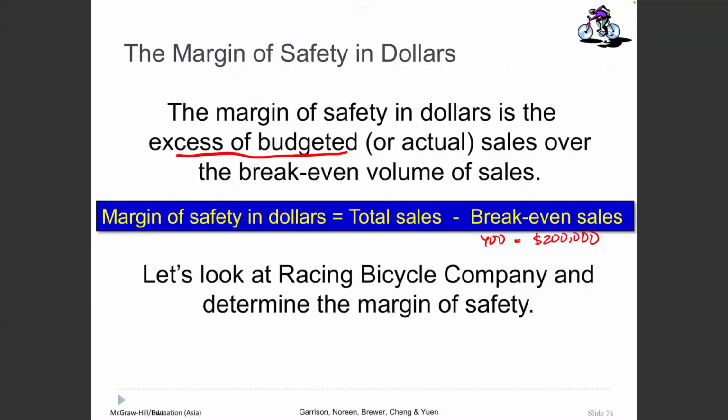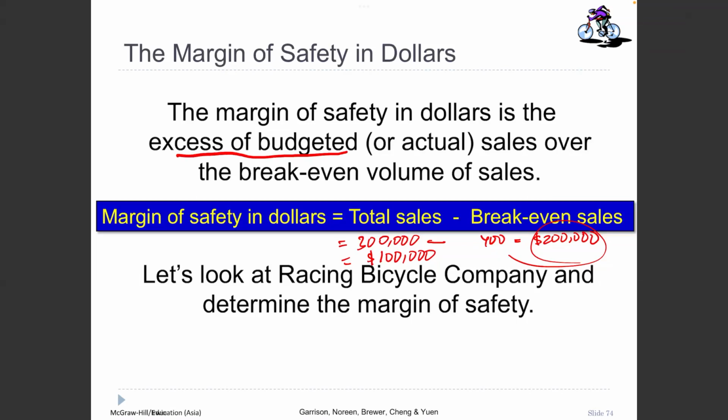Okay, so let's say the total sales they incurred is $300,000. So $300,000 minus $200,000, they have a margin of safety of $100,000. So it means that the margin of safety in dollars here is $100,000, so they can still lose $100,000 of sales before they experience loss.